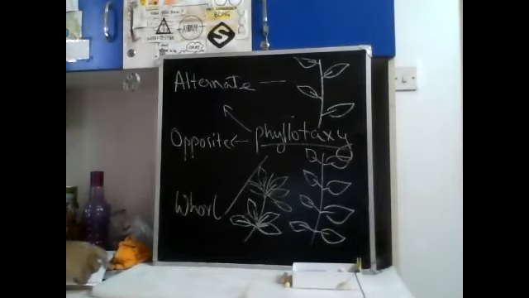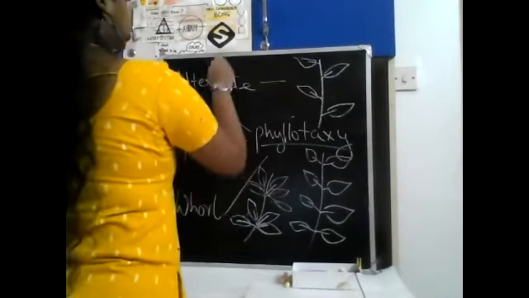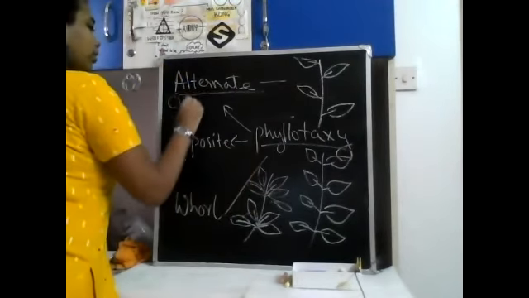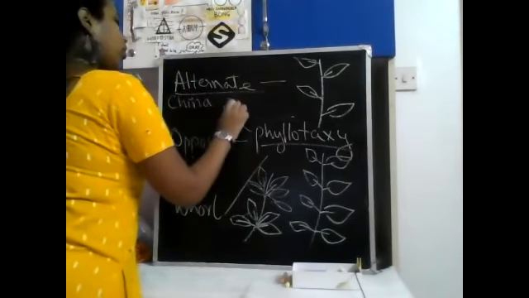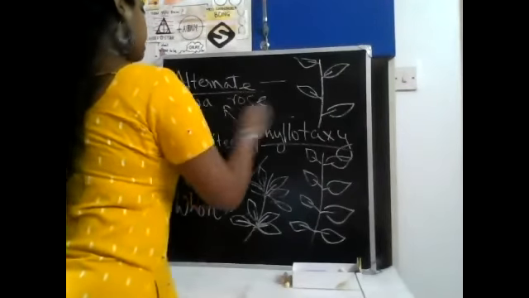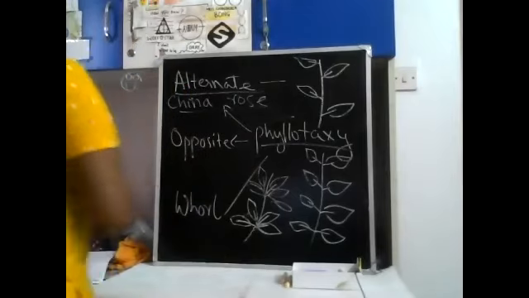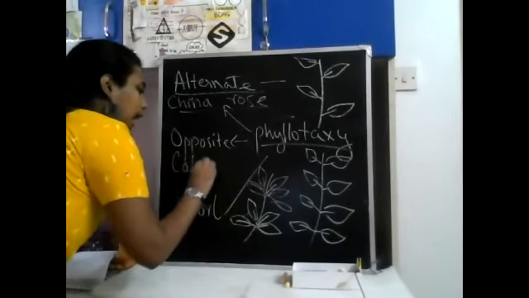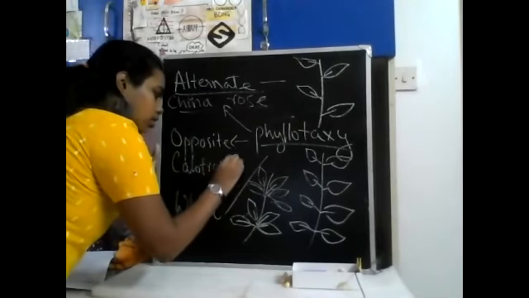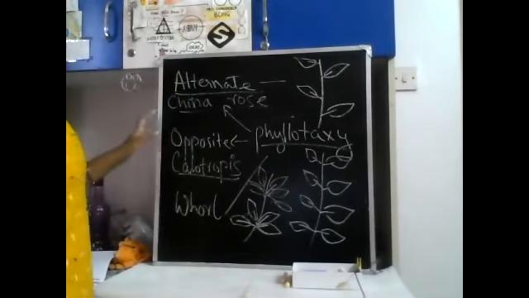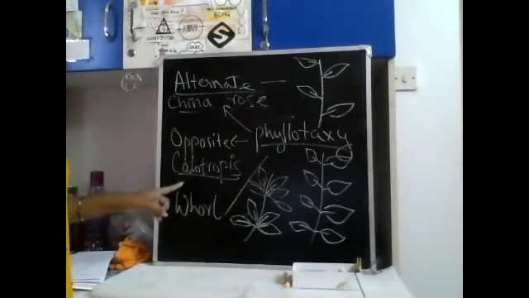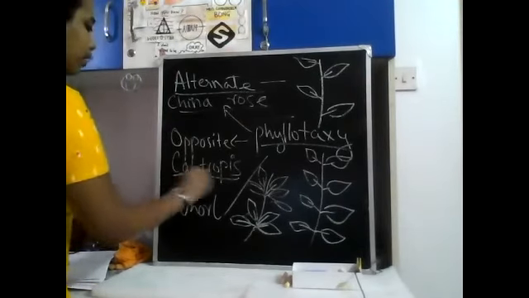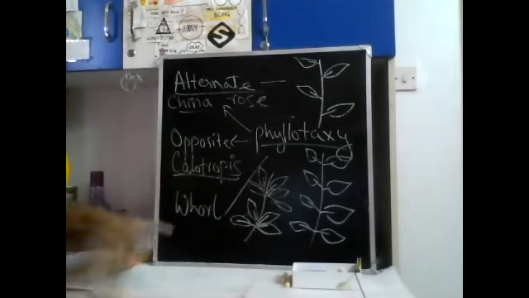Now we look at one example from each. For alternate, you have China rose as an example for alternate. For opposite, you have Calotropis. Always when you write examples, underline the examples, because sometimes you will write scientific names and you will forget to underline.